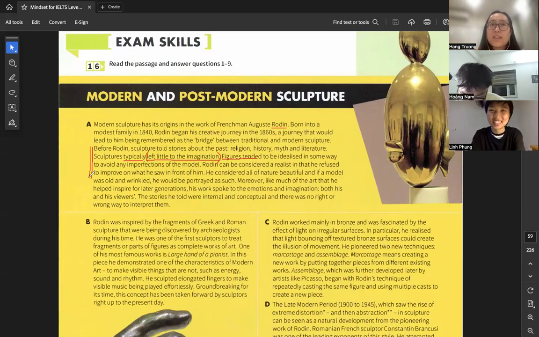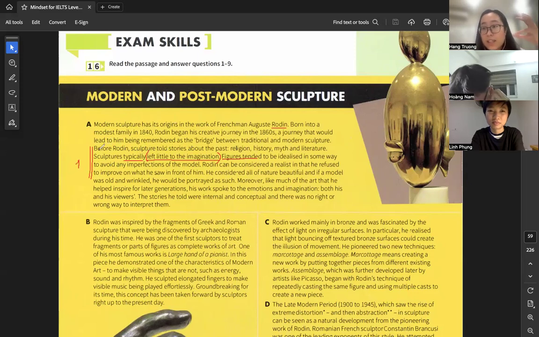But I think it's really just about intensive reading, which means understanding close details in a text. So you can already see that the answer can only be in this part of the text, right? Before Rodin, sculptors told stories about the past.